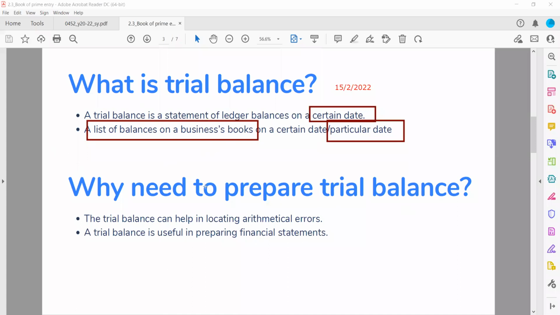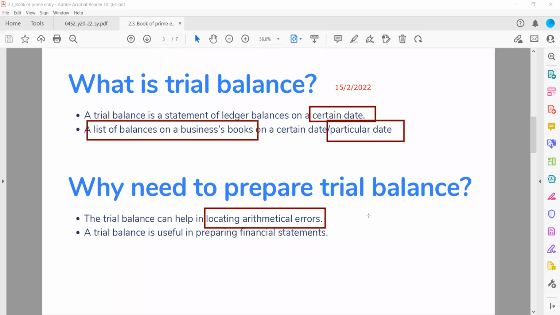A trial balance helps us locate arithmetical errors. If our trial balance is imbalanced, it shows that our book or account has an error. It is a faster, easier way to detect whether our books have any error or not. Once the trial balance is imbalanced, the accounts should have a problem.